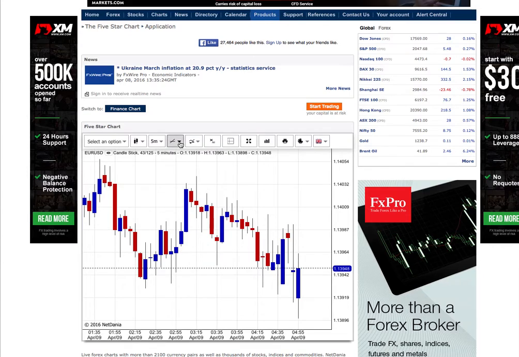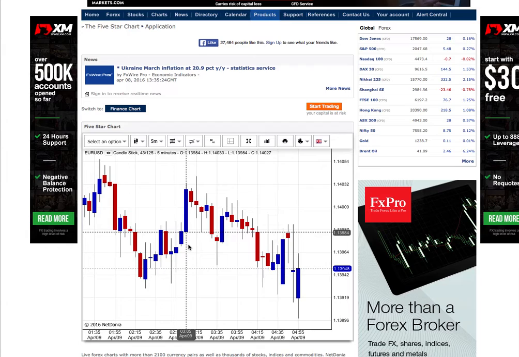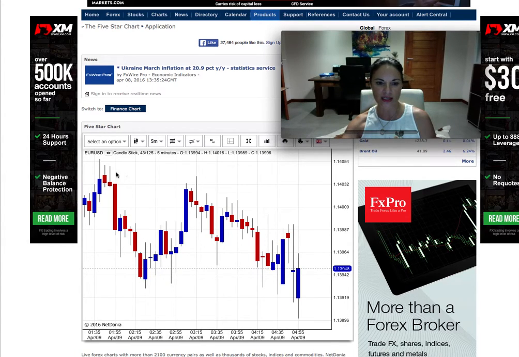So here we go, we find the Fibonacci Retracement tool, and here we are. So this is the Fibonacci Retracement tool, which is going to help us make our decisions for the future calls that we are going to take.